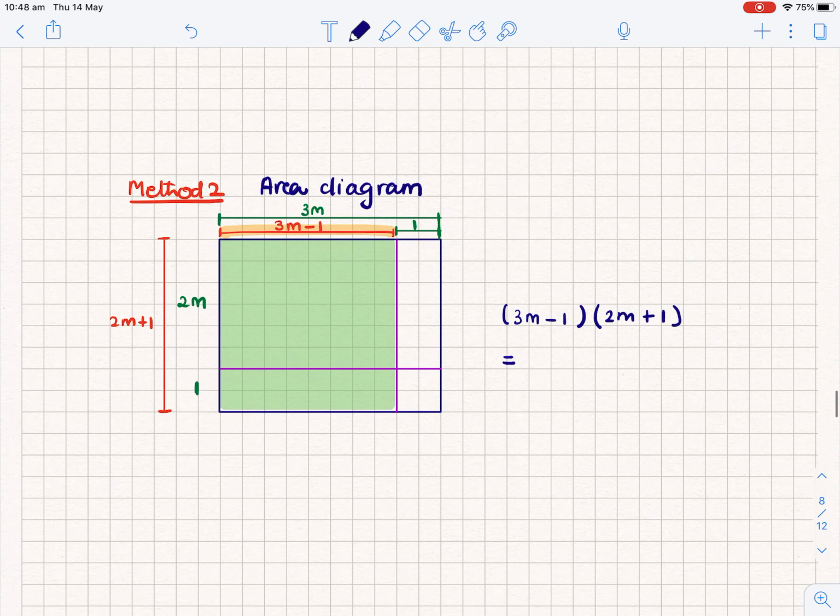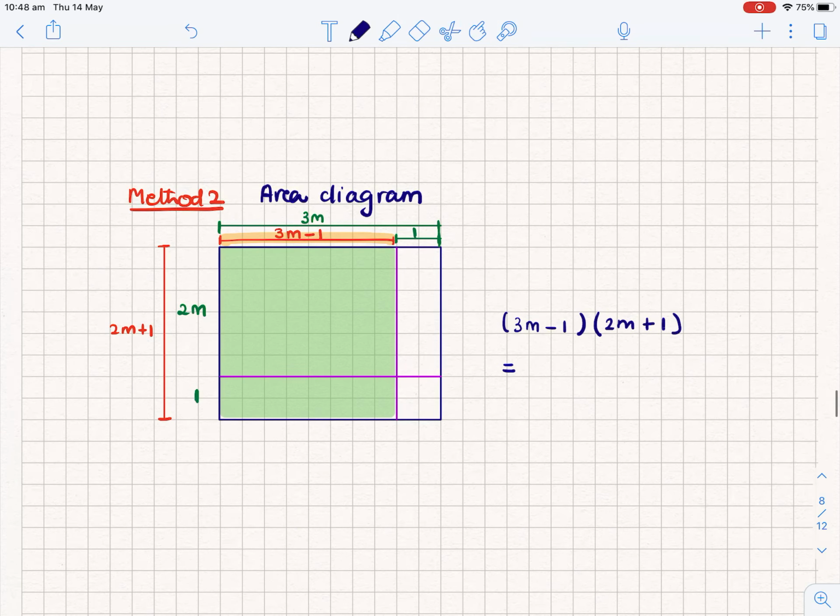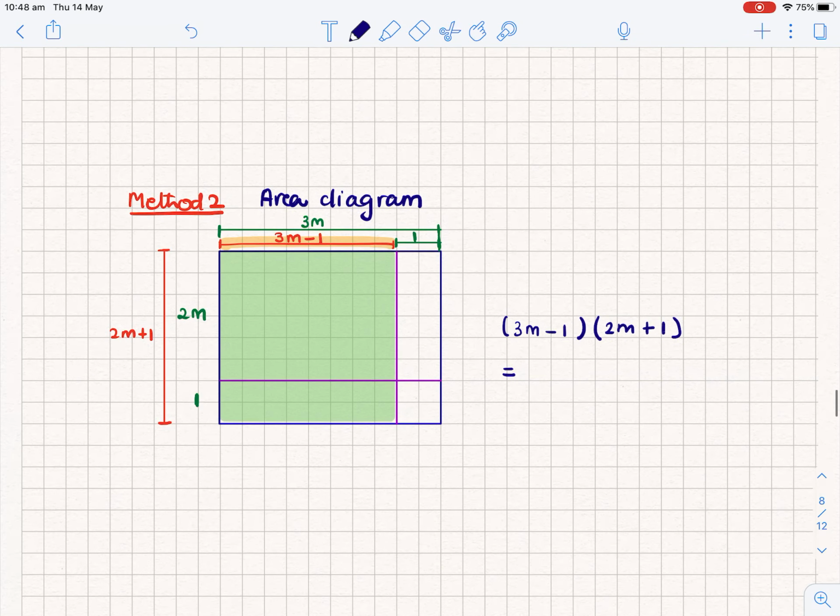Area diagram. I have already drawn it for you. This time, because the first parenthesis has a minus between the two terms, you need to draw a rectangle with the entire side length as 3m and then take away 1, and the leftover expression is 3m minus 1.